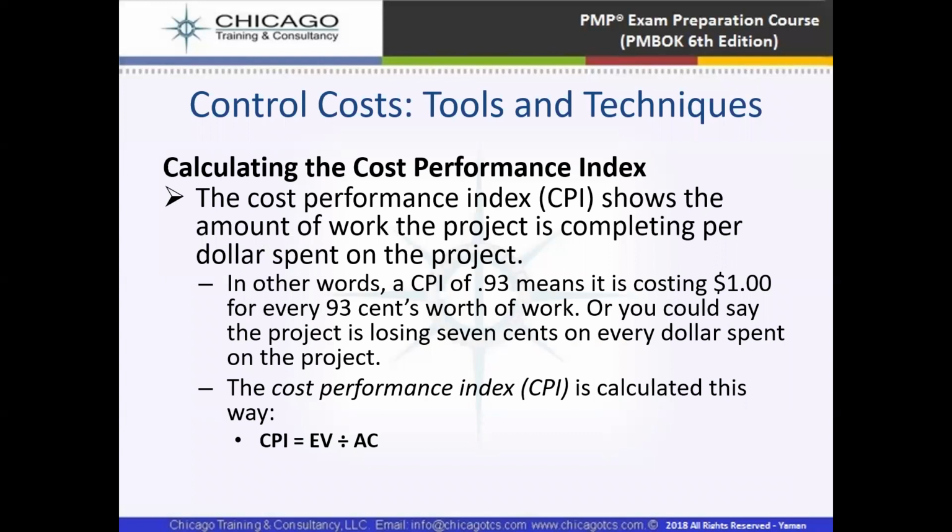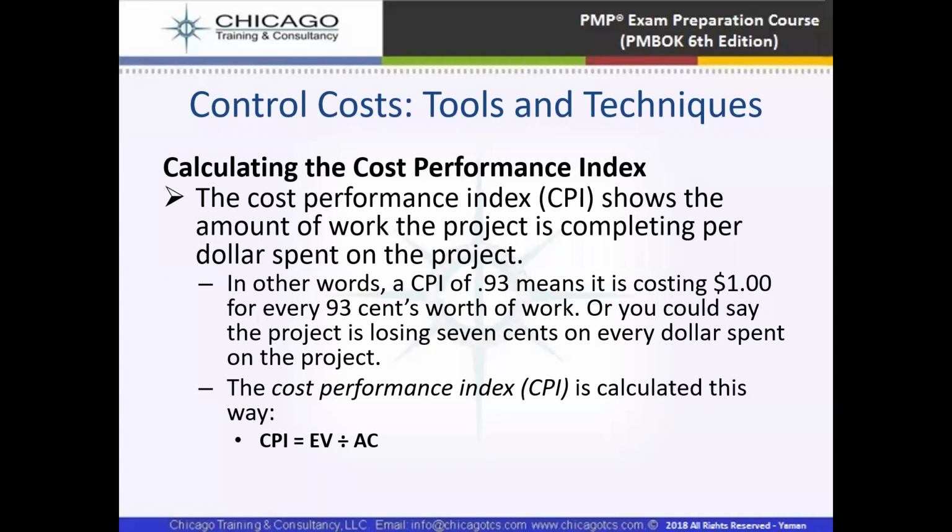Then there is calculating the cost performance index, CPI: the amount of work the project has completed per dollar spent on the project. In other words, a CPI of 0.93 means it is costing $1 for 93 cents worth of work, or you could say the project is losing 7 cents.